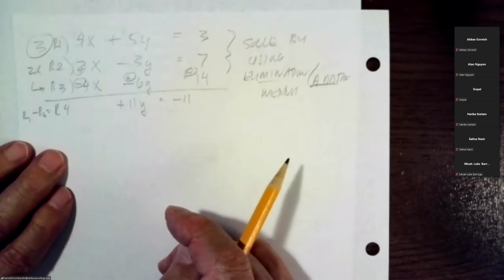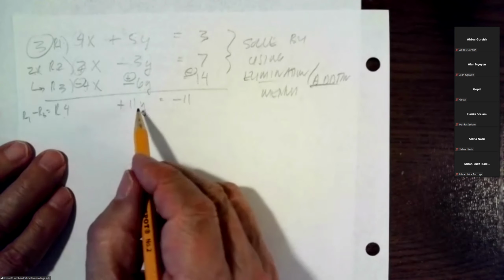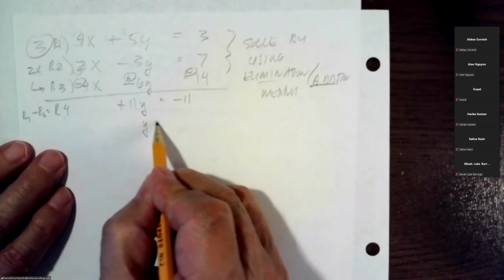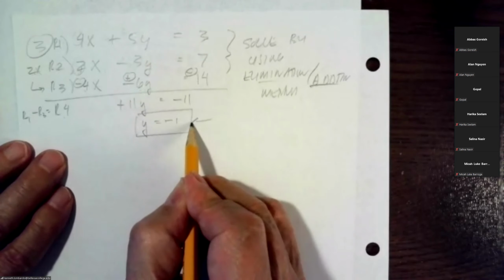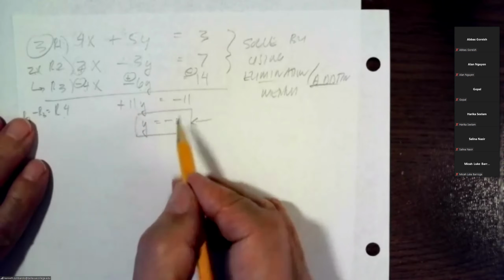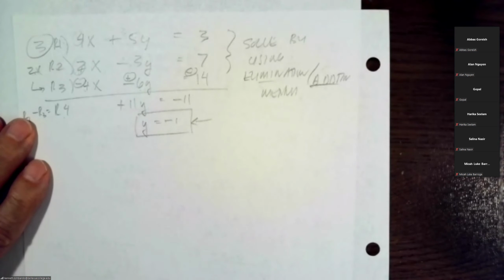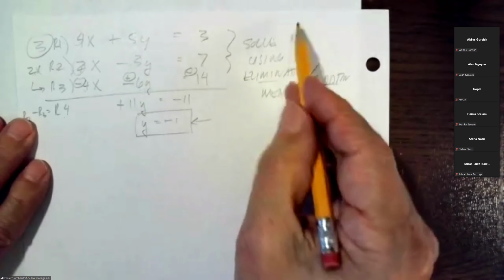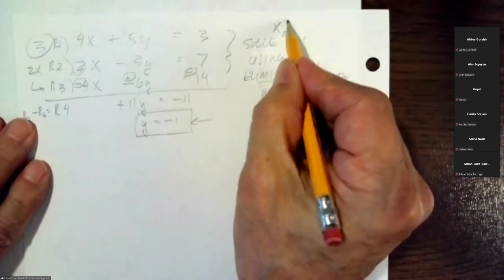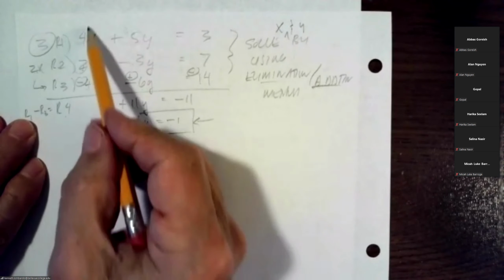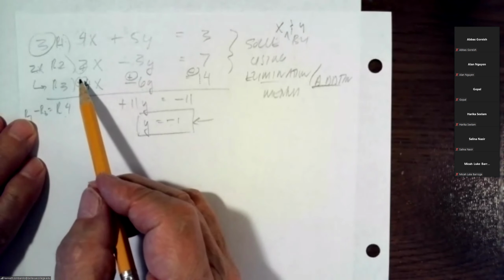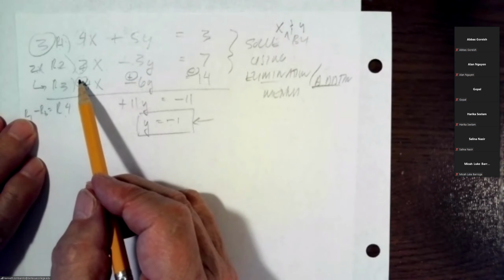So if that's the case, then I can divide through by 11. I get y equals negative 1. And then we're not done yet, right? We have to solve for both. When I say solve, we're solving for both x and y. So if y equals negative 1, we could pick any of these equations and solve for the other value.